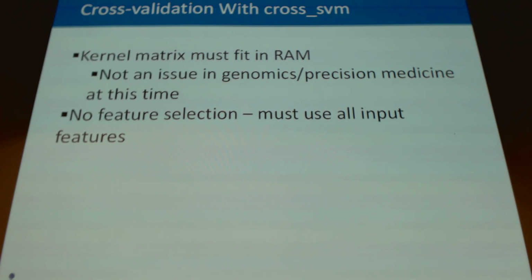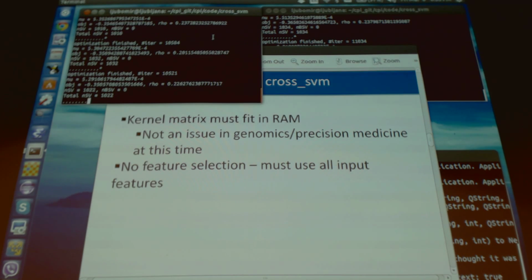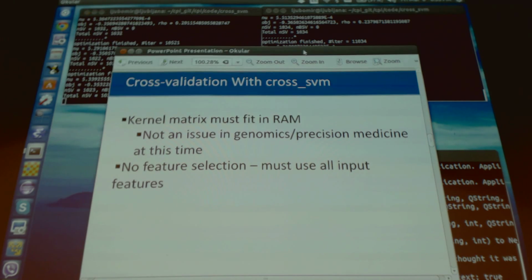But if you select features, each subsequent subset of features is a different kernel matrix. There is no reuse, it's out of the question. Nevertheless, if you don't do this, you can benefit from this improvement. So that's the cross-validation part. Let me see if there is some progress here, but it'll run for a few more minutes.